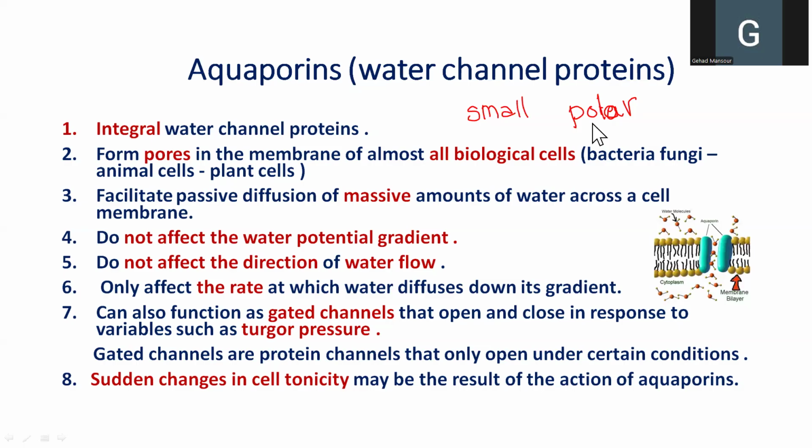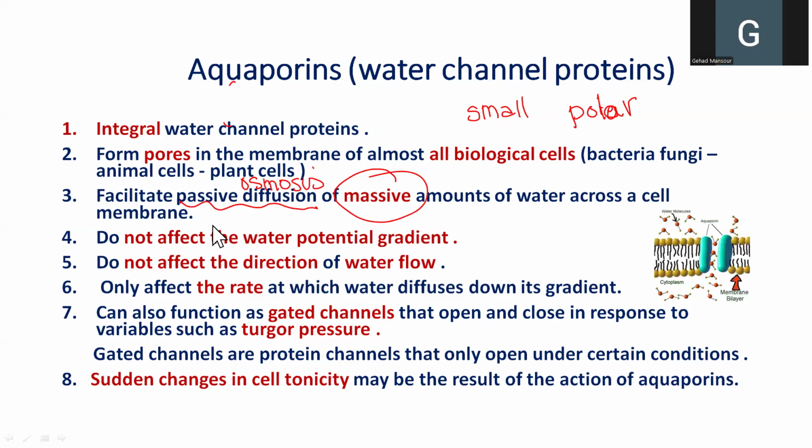The aim of aquaporins, whenever they are present, is to facilitate passive diffusion of water, and passive diffusion of water, you can just say osmosis. So they facilitate the osmosis of massive, huge amounts of water across the cell membrane.